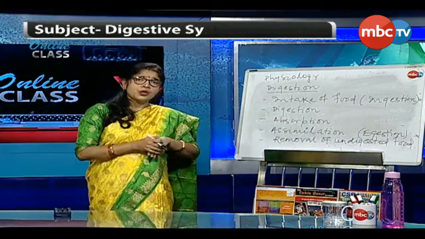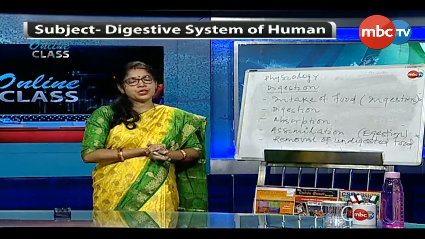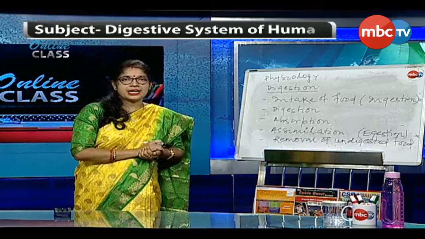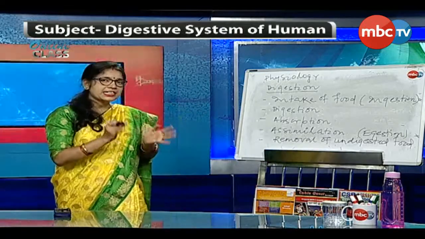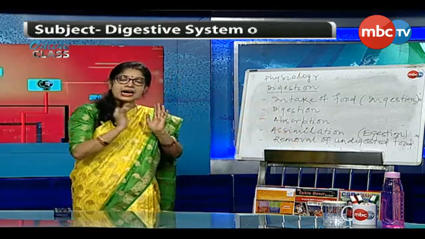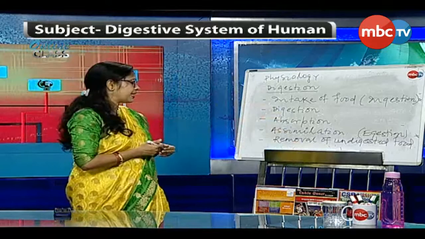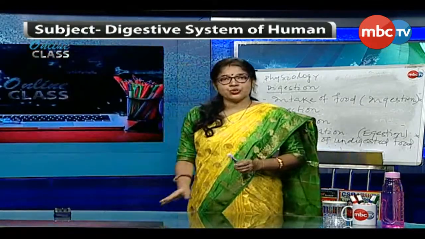So, within the physiology of digestion, we have discussed the structure of the alimentary canal and how the glands are participating, and what are the steps, how the food is being digested, and how the undigested food material is being eliminated from the body, that is through the anus.